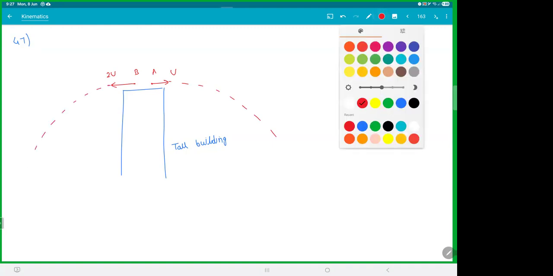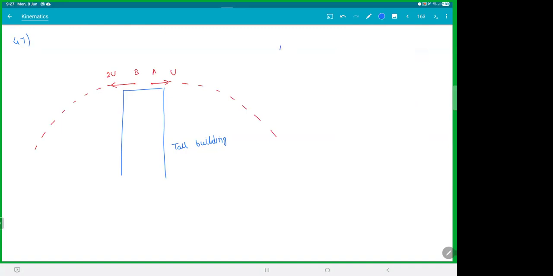You can take the initial point as origin. They are projected horizontally with u i cap and minus 2u i cap. So one is left and one is right.